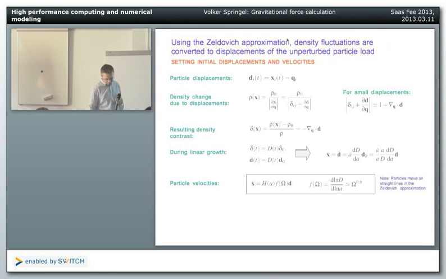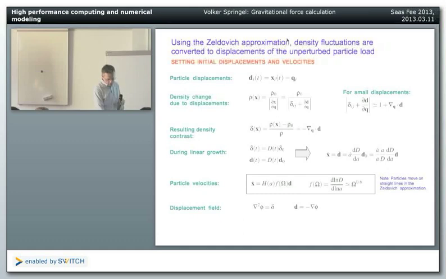And actually this growth factor, the d is the linear growth factor, the logarithmic derivative with respect to a, this can be expressed again with cosmological parameters and the Hubble function, right? So we basically have that the velocities are something like the Hubble function times the displacement times this f of omega, which is about omega to the 0.6 power.